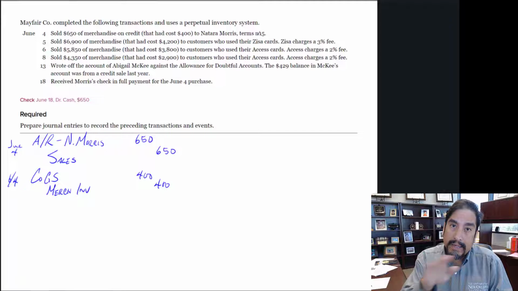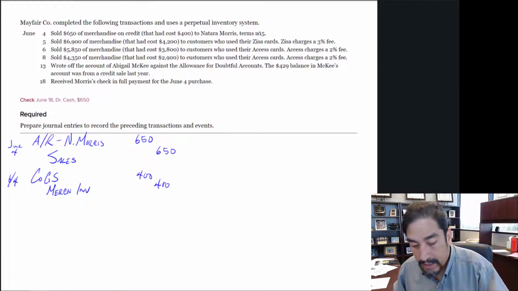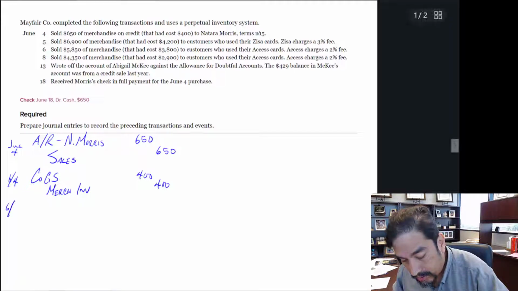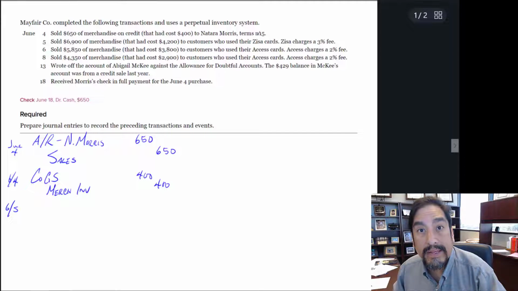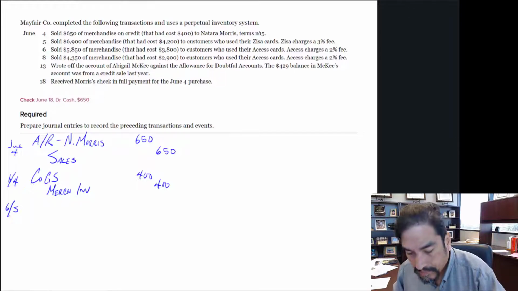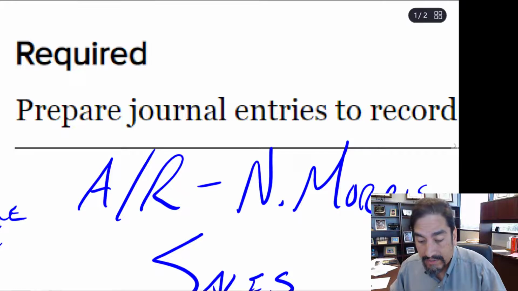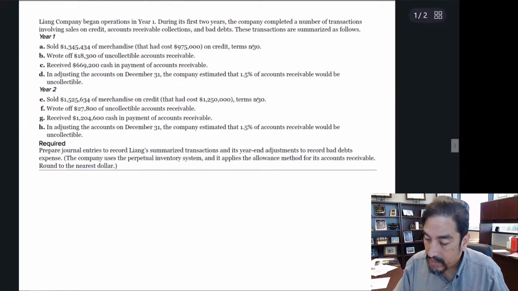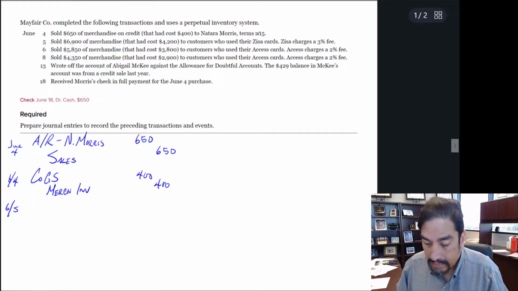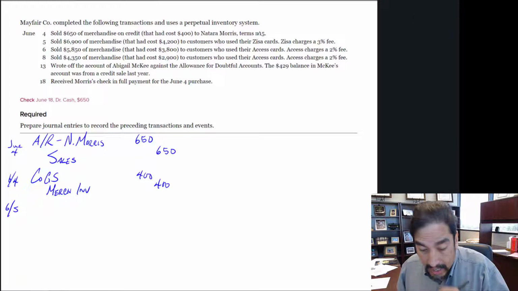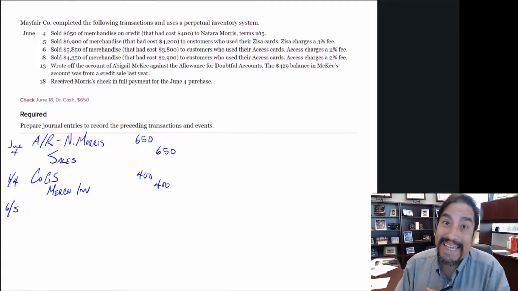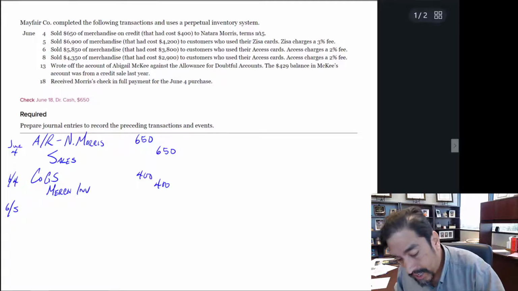First, on June 5th, we're going to write the revenue piece, $6,900. If this were a cash sale, it'd be a debit to cash, but it's not. Oh, no, I'm sorry, it is, because a credit card we're going to treat just like cash. So we're going to debit cash.